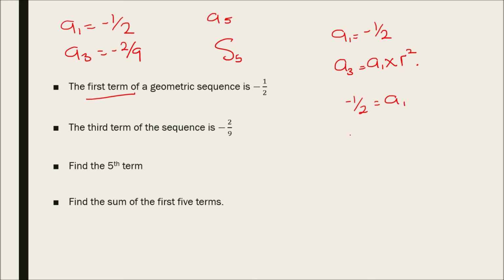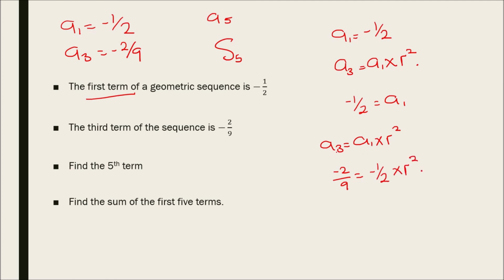Okay, so a3 equals a1 times r to the power 2. Our a3 is minus 2 over 9, which equals minus 1 over 2 times r squared.